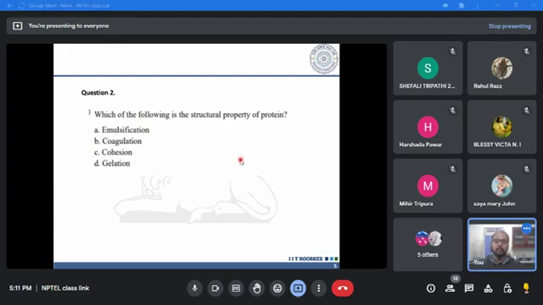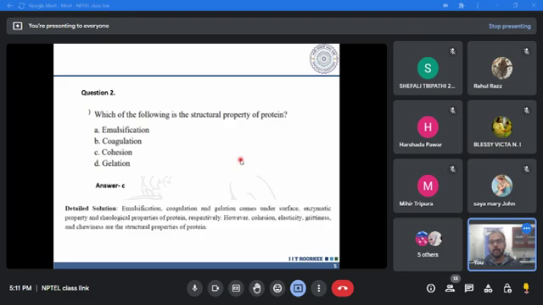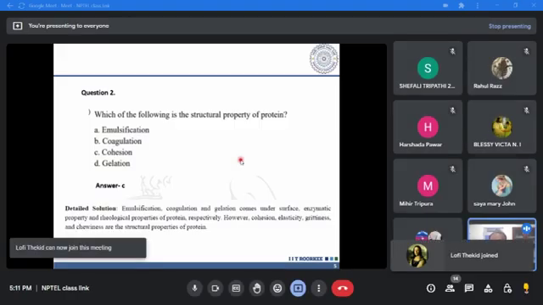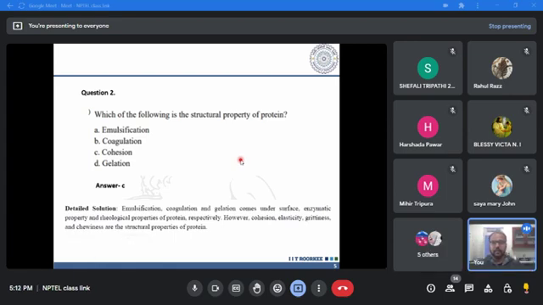Okay, so the answer is cohesion. Why? Because emulsification, coagulation, and gelation come under the surface and rheological properties of protein, and cohesion, elasticity, grittiness and chewiness are the structural properties of protein.